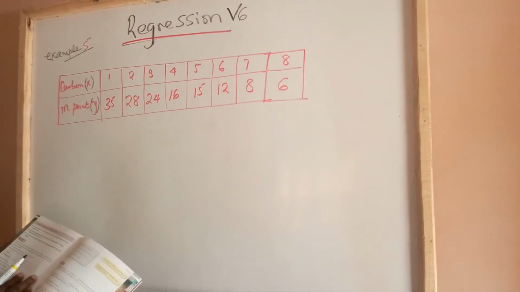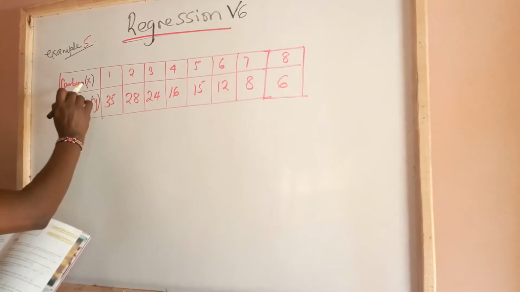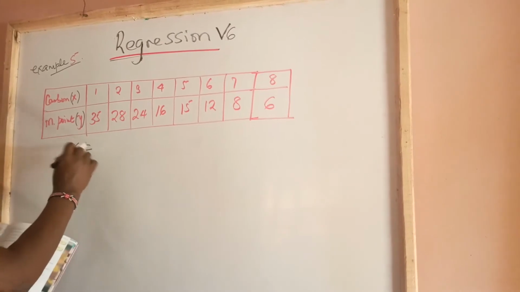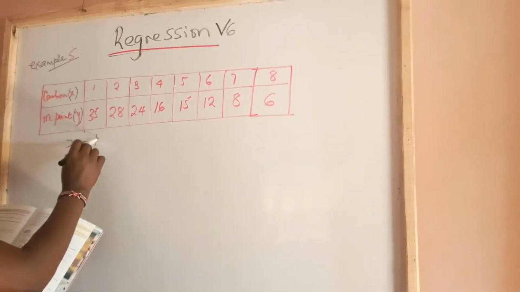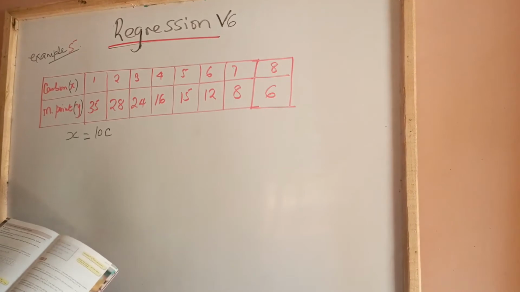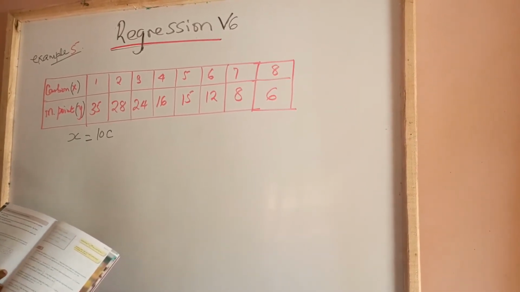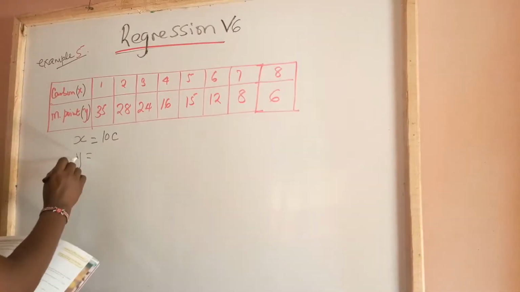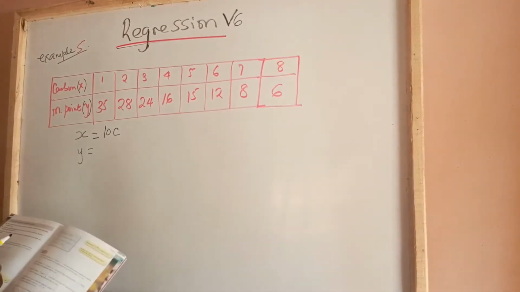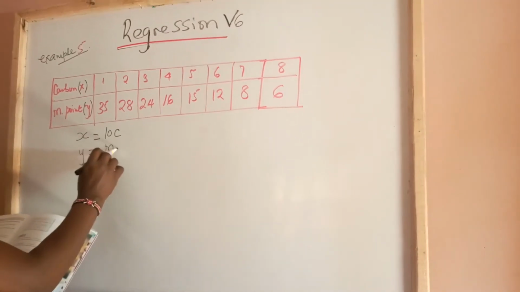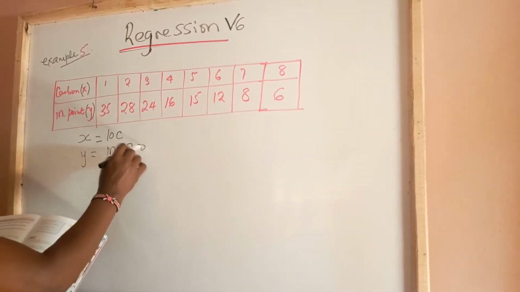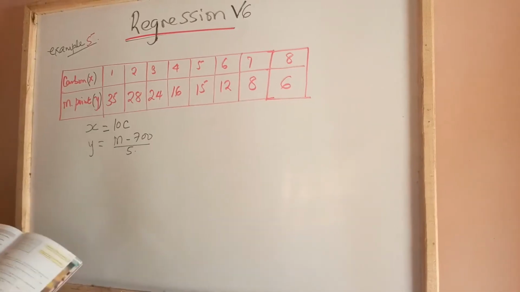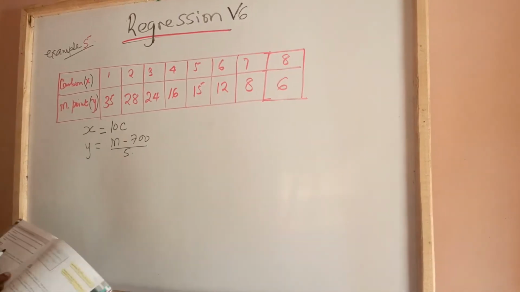Now, the results were coded such that X, this X is already a coded figure, is given by 10C, and Y, which is already a coded value, is M minus 700 everything over 5. These are the codes that have been used in this question.